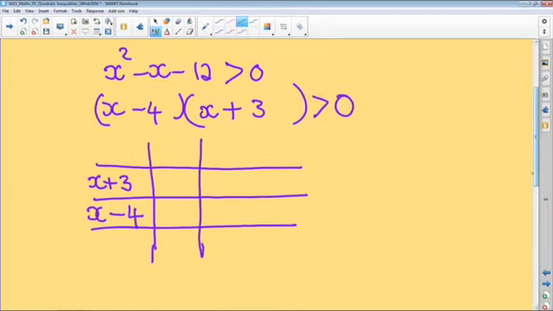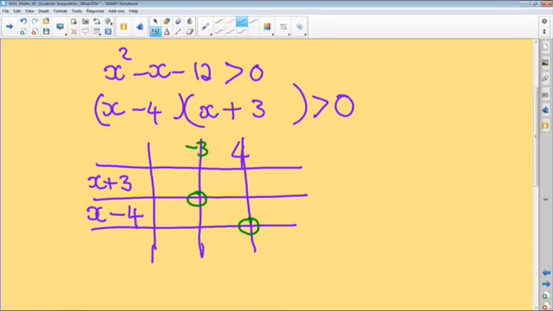If I put minus 3 here, I'm going to get a 0. And then next, you'll have a 4. If I put a 4 here, I'm going to have a 0. Substitute 4 here, that will be 4 minus 4, that is 0.